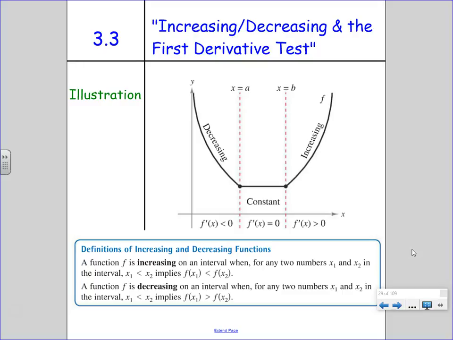Nice thing is, this is not a forever card. It just gives you, rather than just a graphical representation of increasing and decreasing, a more analytical, more algebraic way of thinking about it. But once again, not a forever card. It's more of just an understanding. You're like, big deal.